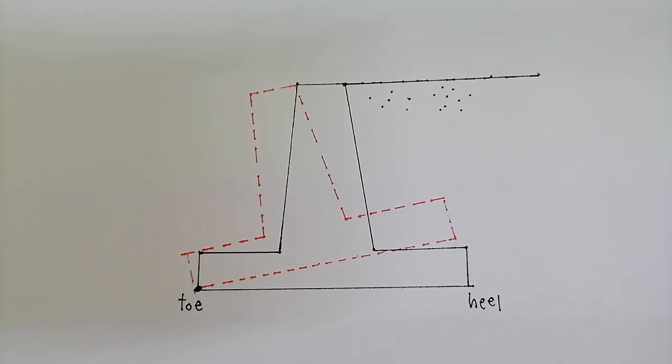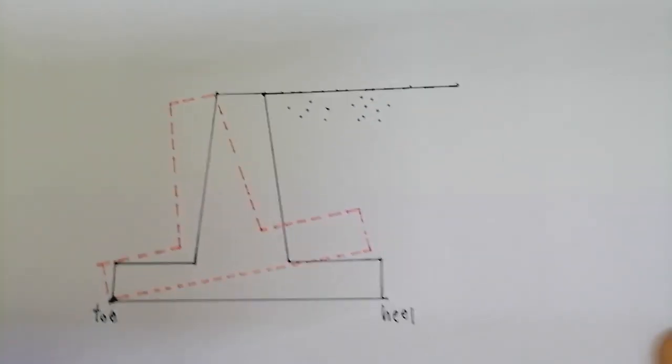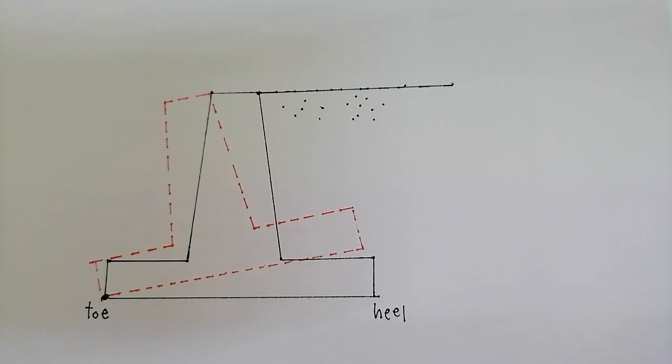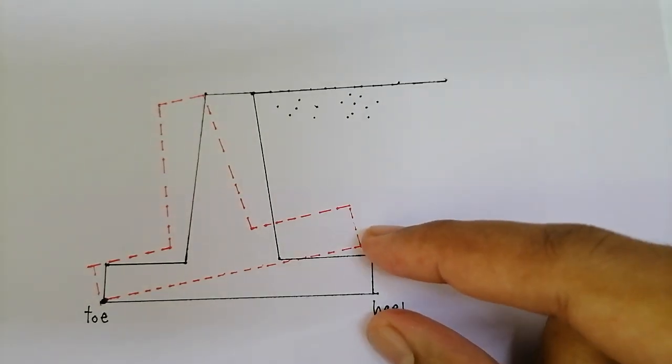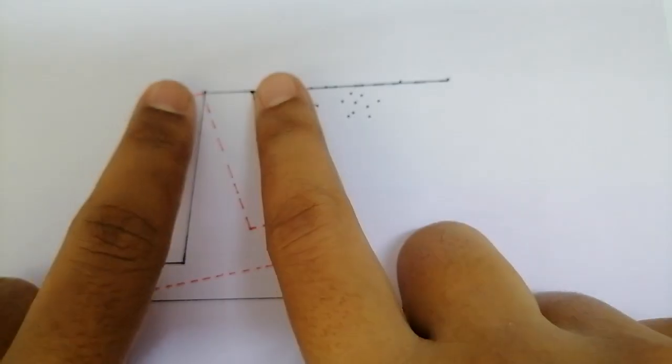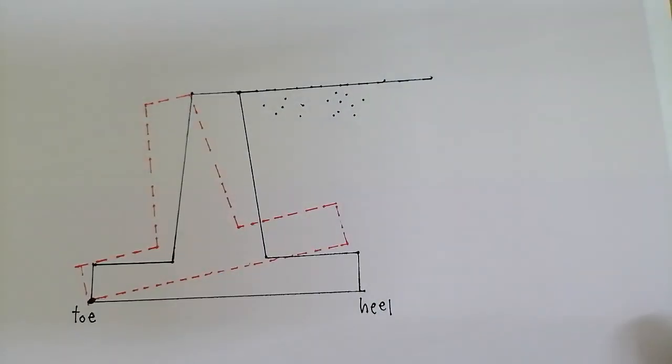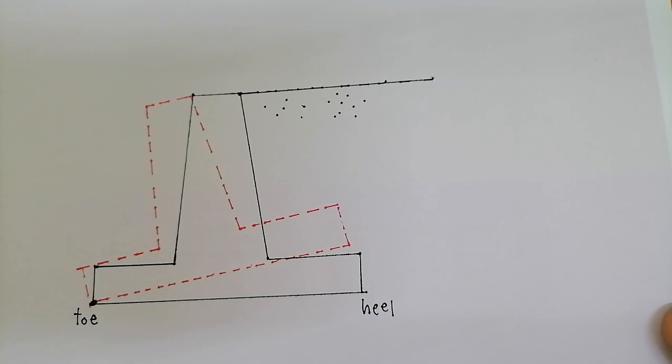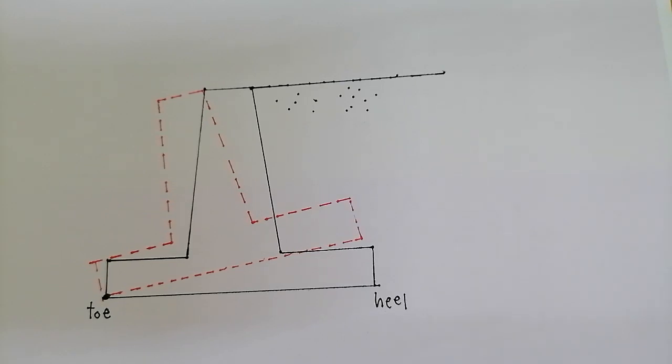Now let's imagine you have designed your wall. You have given the dimensions of your wall, for example, the thickness of the base, the total height, the width of your wall. Now the next step is to check the stability of your retaining wall against a couple of criteria.